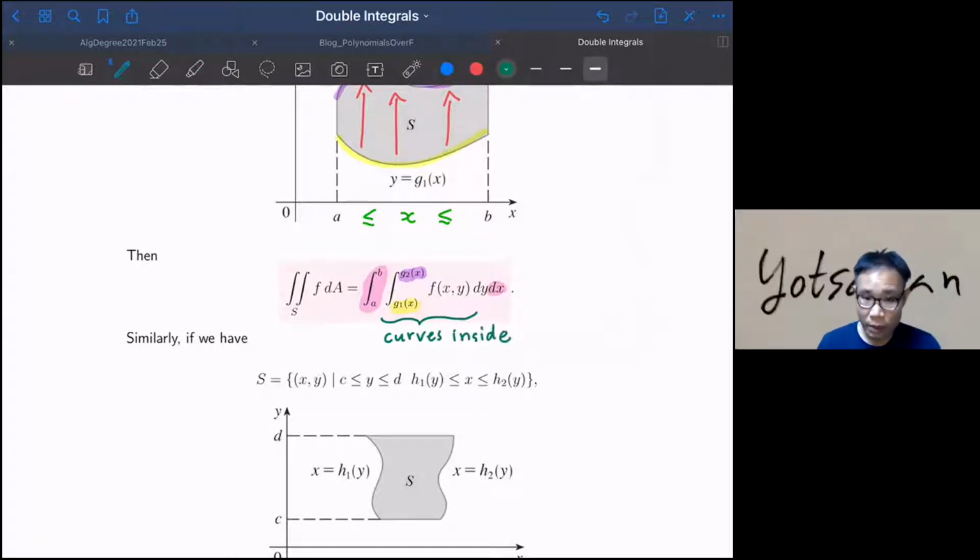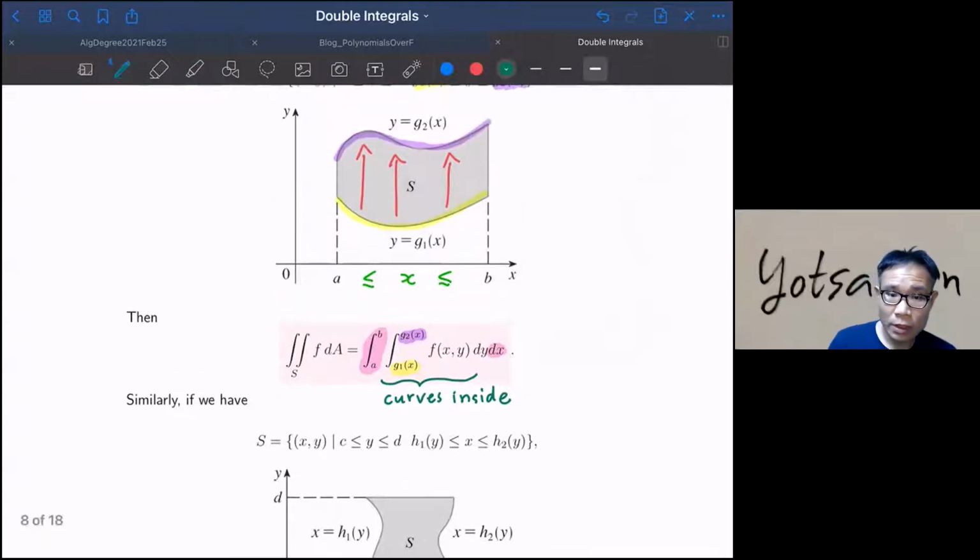So you have the curve inside and the constant outside. The meaning of the curve inside is that the variable y lies between two curves, and the variable y turns out to be the inside integral.